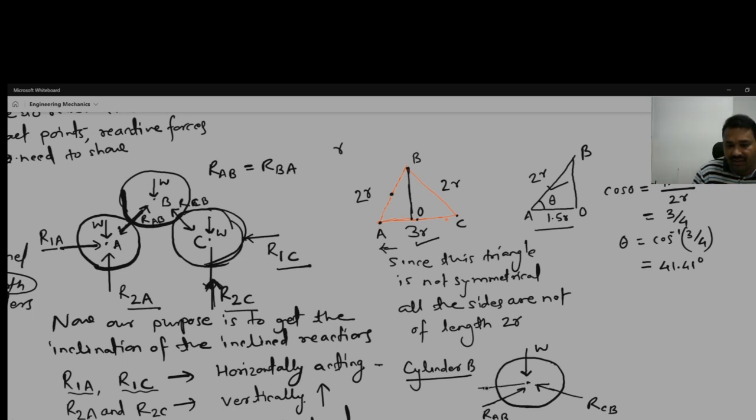This angle, let us this is okay. So from this what we get actually RB angle.